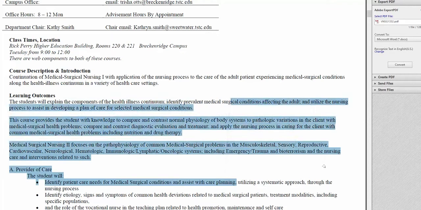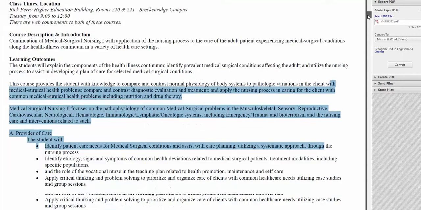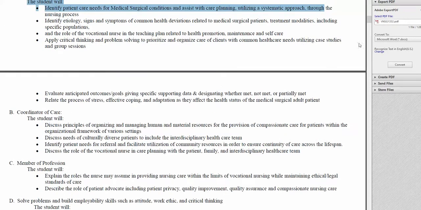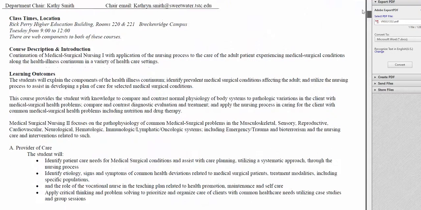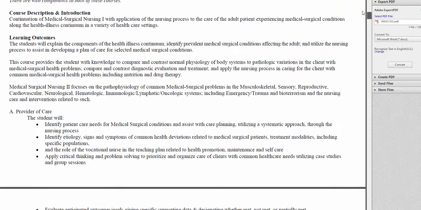They're all specific to medical surgical. They're talking about the generalities of it. So it's kind of the big picture thing. Apply critical thinking and problem solving to prioritize and organize care of clients with common healthcare needs. Okay, this is actually a very good course outcome. She did a really good job of the course outcomes.